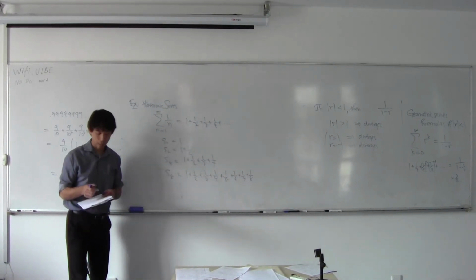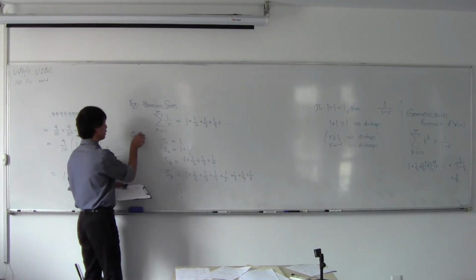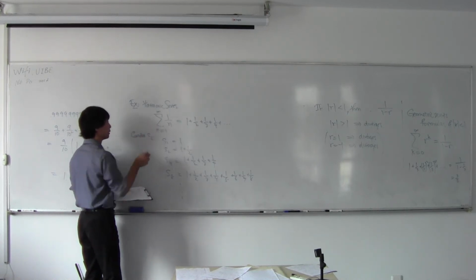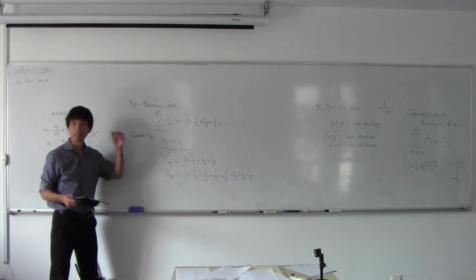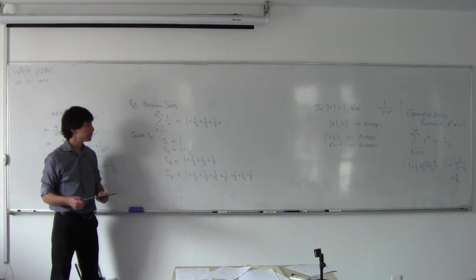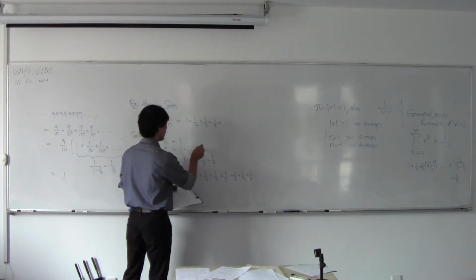Okay. So let's consider S sub 2 to the n. You don't have to consider everybody, let's just consider some of these guys. So this thing right here is three halves, right? Here we have 1, here we have 3 halves.